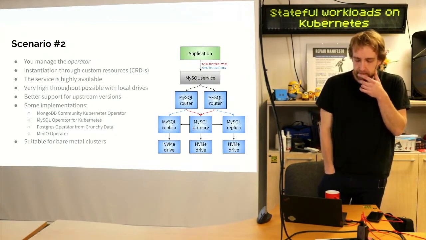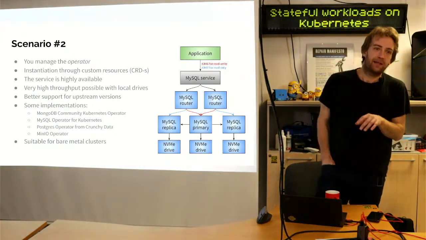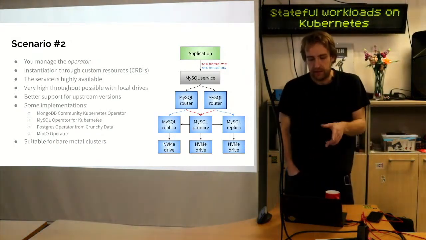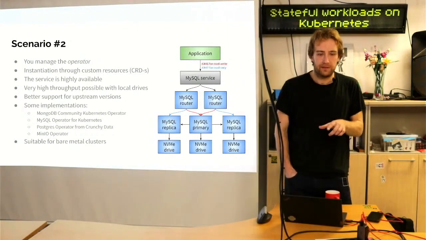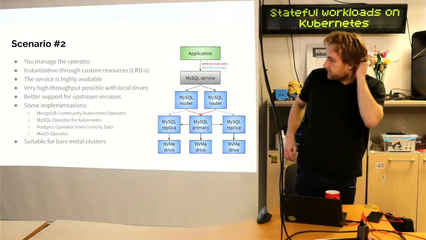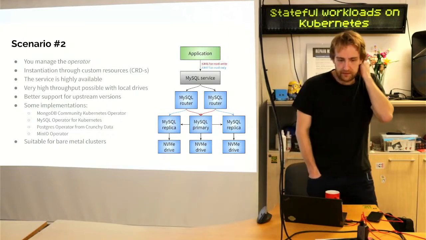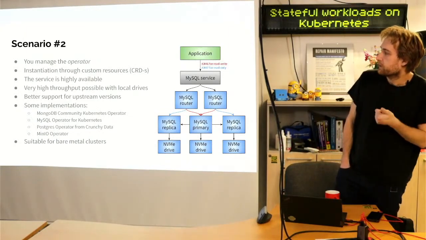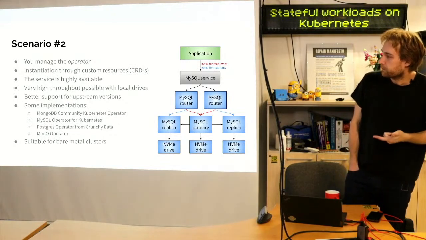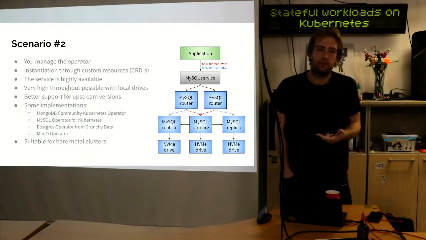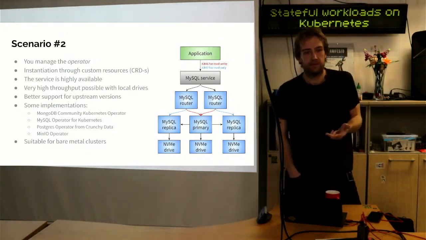To actually run a replicated MySQL database inside the Kubernetes cluster, you would probably use something called an operator. I've listed here a bunch of different tools that I've used in this cluster. I've got an operator for MongoDB, an operator for Postgres, and also one for Minio. Minio is basically a self-hosted S3 equivalent.